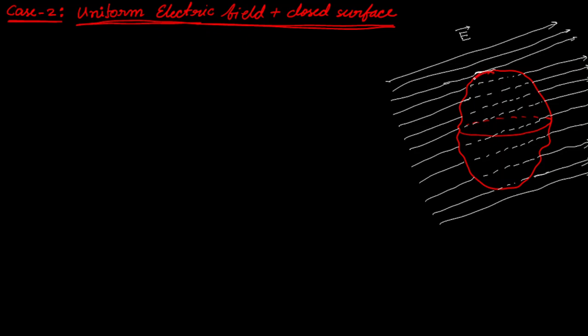Now, this closed surface could be a spherical surface, a cylindrical surface, a cubic surface, or a cone, any kind of 3D surface which includes some volume. We have placed this closed surface in a uniform electric field.